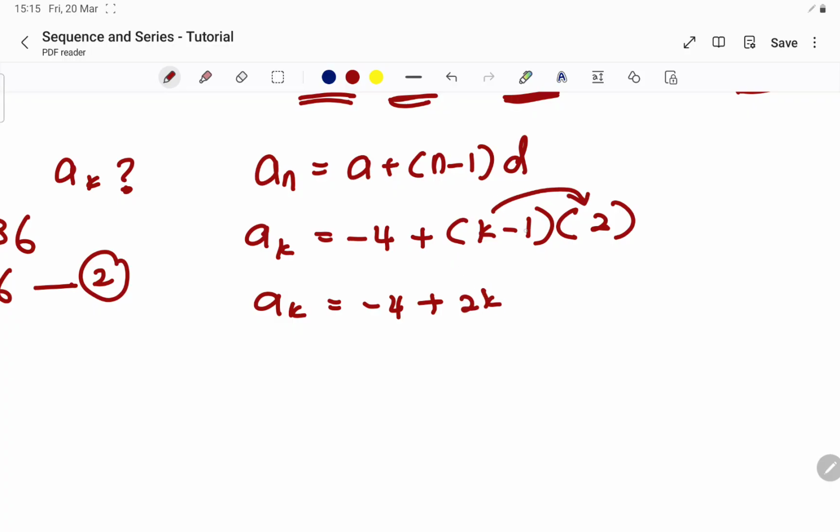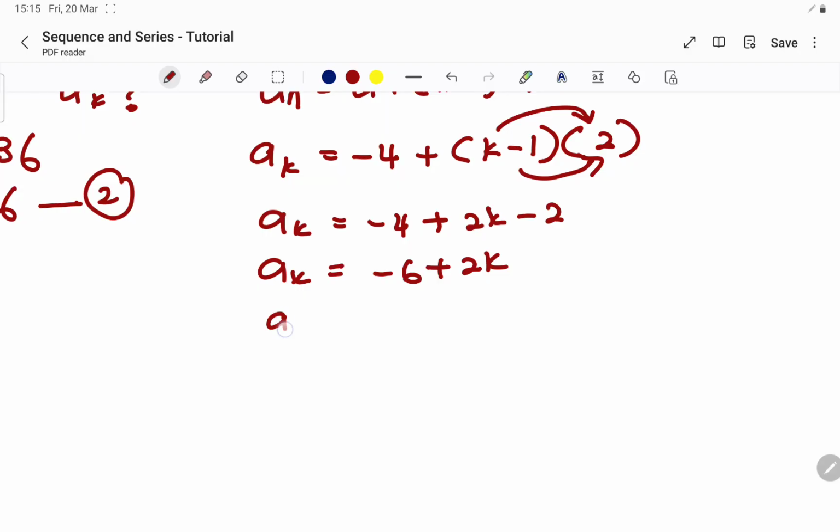So you get 2K, and negative 1 multiply with 2 gives negative 2. So here you will get negative 6 plus 2K. So this is your AK. To make it neater, 2K minus 6. So this is your final answer for AK.